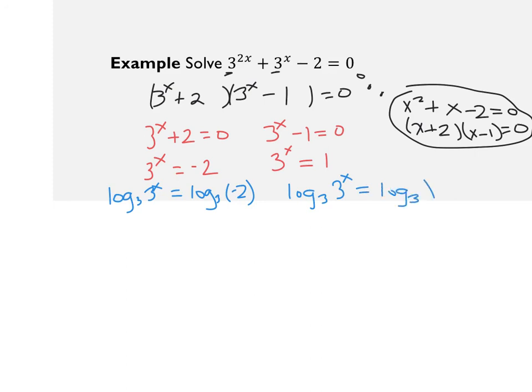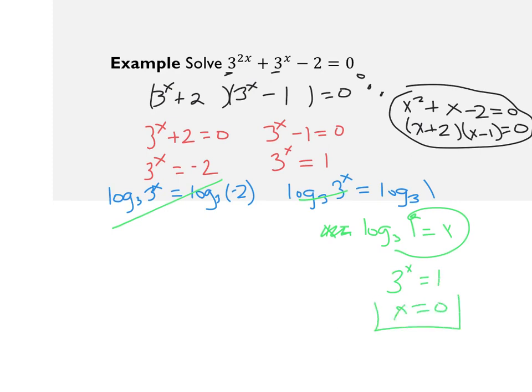Well, we can't do a negative log, so right away we know this guy is out. Here we'll get x is equal to log base 3 of 1, which, if I move the x to this side and then write it in exponential form, 3 to what power equals 1? Well, it's just 0. That's it.